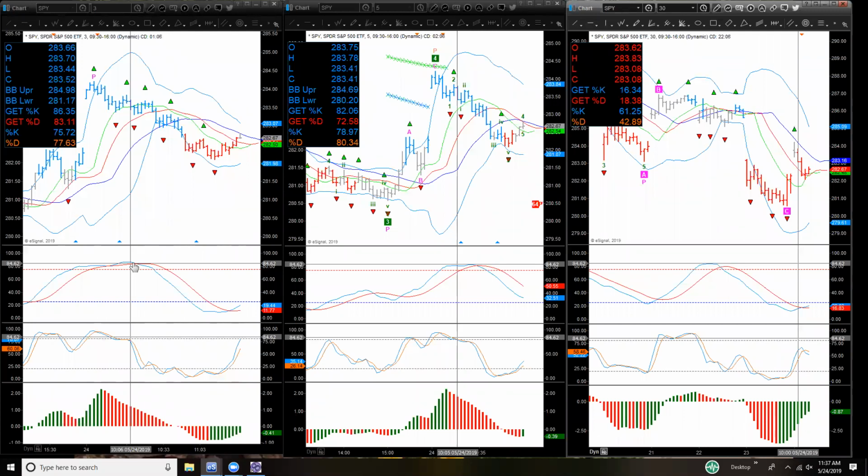So if we continue to move higher, I had an opportunity for the spread to still be profitable. But I had reduced the risk on the trade by selling to open the 290 and presented myself with an opportunity, if in fact we move lower, to buy to close that call.